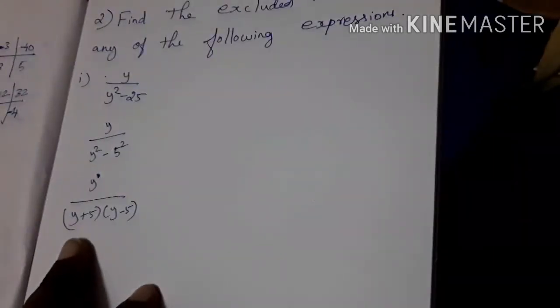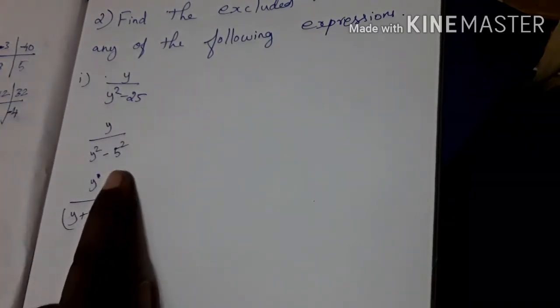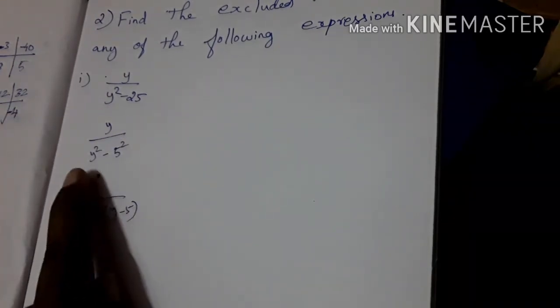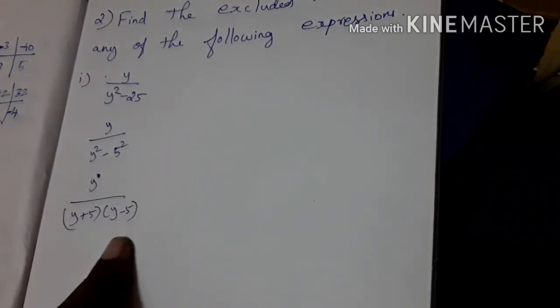Now we will see what value of y makes the denominator 0. Y squared minus 25, we put 5 squared. Now it is in the form of a squared minus b squared, so a plus b, a minus b.